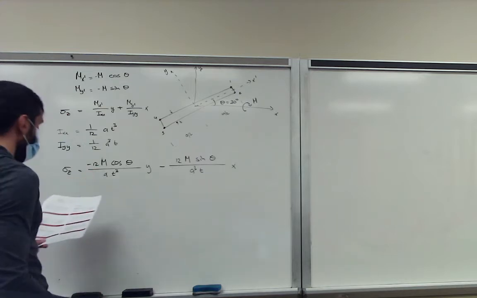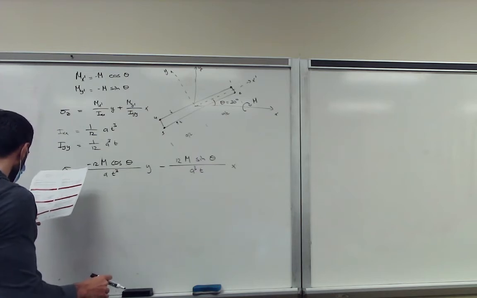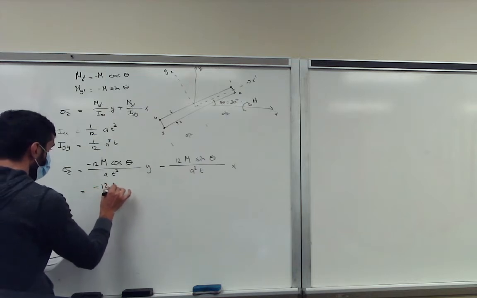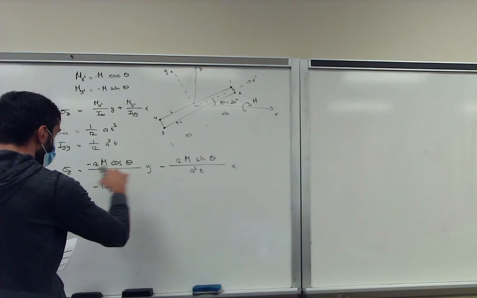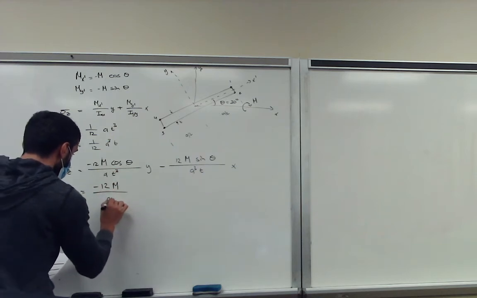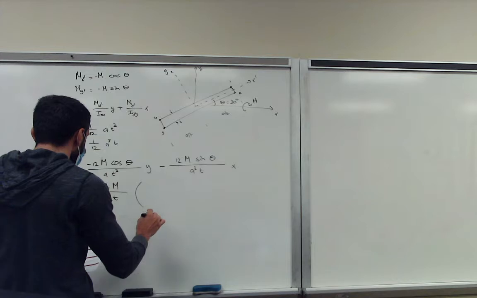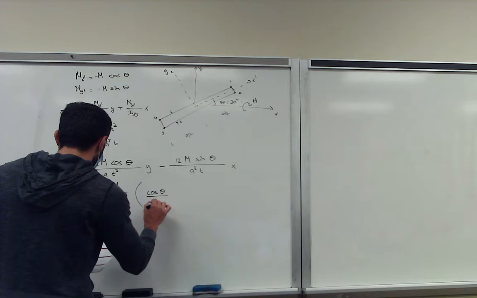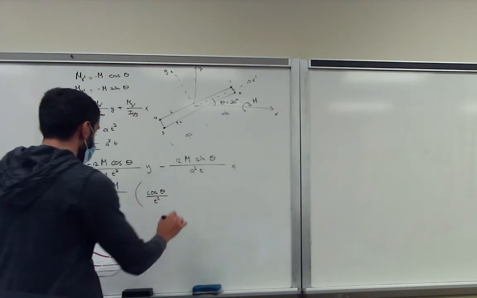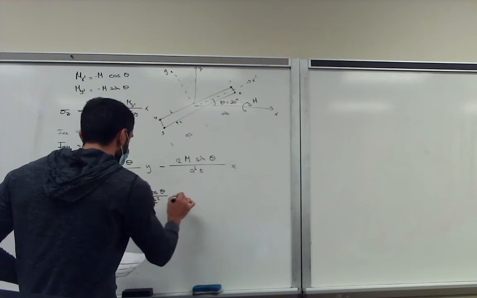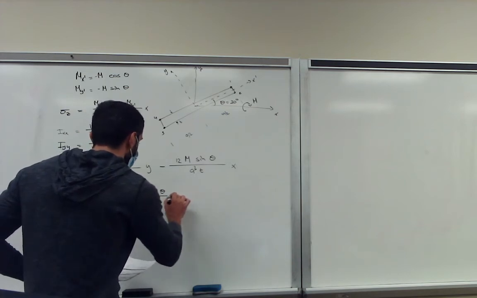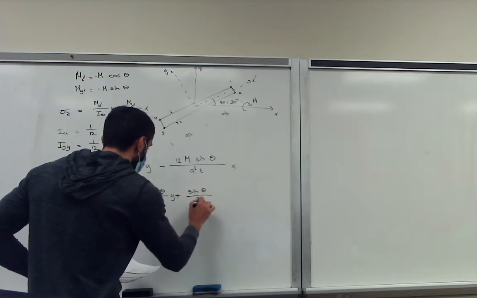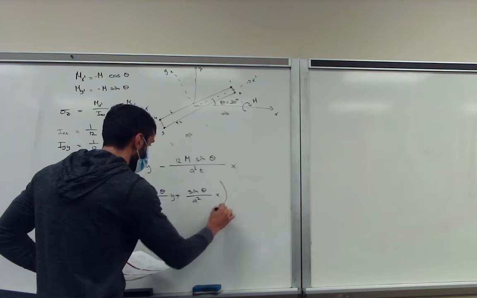We can rewrite this a bit more easily. Let's take the 12 out, and the minus out, and the m. Then we can take an AT out. So we get AT here. And then what we get is cosine theta over t squared, no, this becomes a plus, multiplied by y, and then sine theta over a squared multiplied by x.